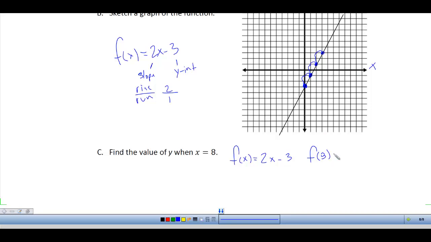That would be the value. We're going to go ahead and find this algebraically. So I substitute in and f of 8 is equal to 2 times 8, that's 16, less 3. So it looks like f of 8 is 13 degrees.